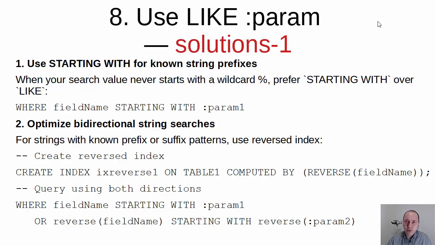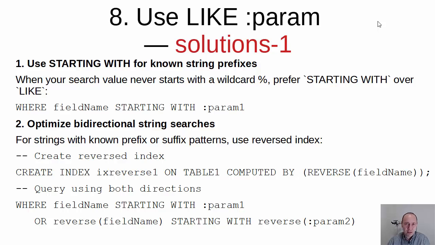Also, you can make a simple trick with reversing in search conditions. For example, if you have a condition which starts with the wildcard but always ends with some real value, not with a wildcard, you can create a reversed index, computed by REVERSE.